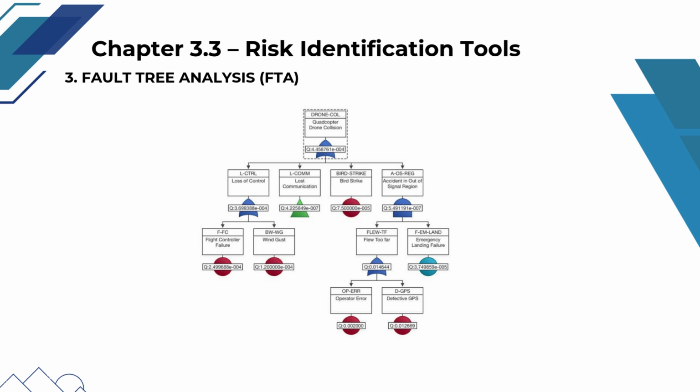FTA helps teams visualize complex cause and effect chains, uncover hidden vulnerabilities, and quantify risk probabilities where data is available, making it easier to prioritize preventive actions and strengthen system reliability.